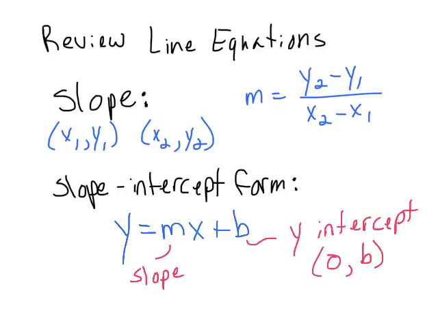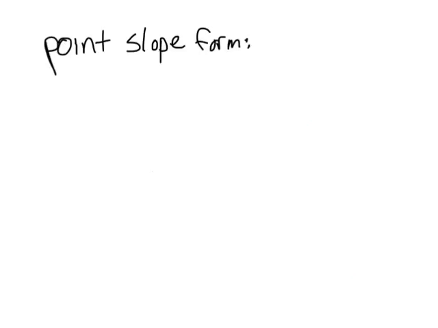But there is another form that you're going to use later on, and it shows up quite a bit in calculus when you get there eventually, and that is called the point-slope form. So that's what I'm going to show you next. Okay, the point-slope form of a line equation is very helpful when you have just 2 points.